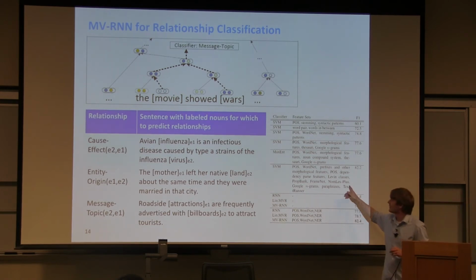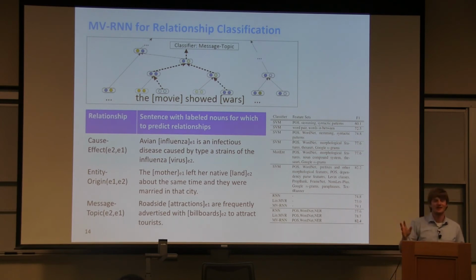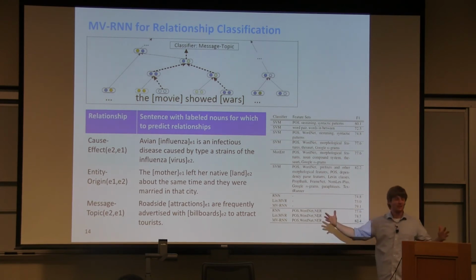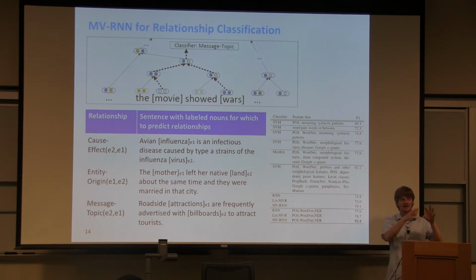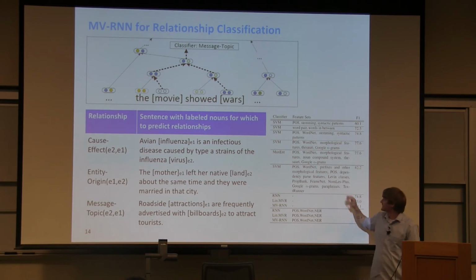One of them, I think, was cause and effect or instrument and agent, and that actually falls out of TextRunner, so it's a little bit cheating. But then Google Ngrams, a gigantic corpus of billions of Ngrams. Another paraphrase system, again, a trained machine learning system put together, and so on.